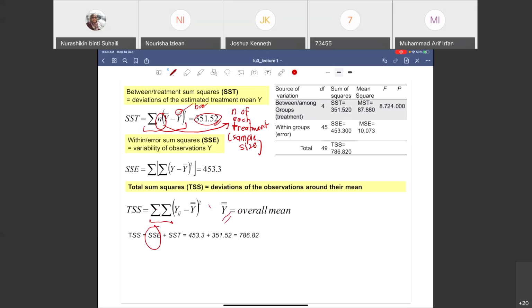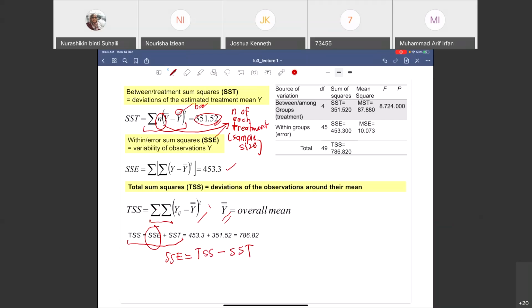The reason why I said just now you don't have to actually apply the SSE formula is that once you know TSS and SST, you can get SSE, because TSS is the summation of SSE and SST. So SSE is equal to TSS minus SST.